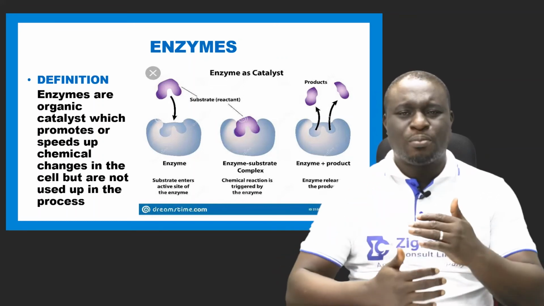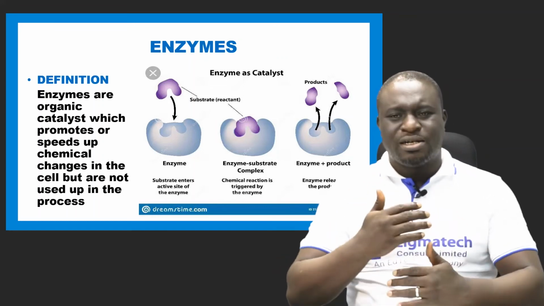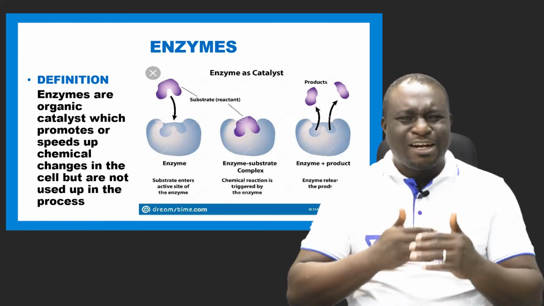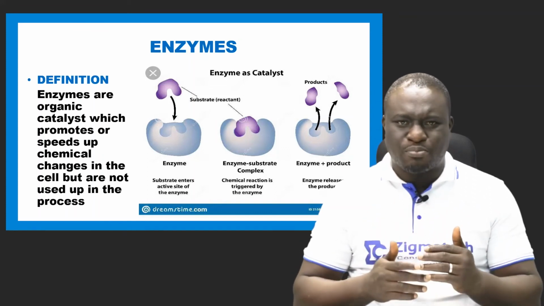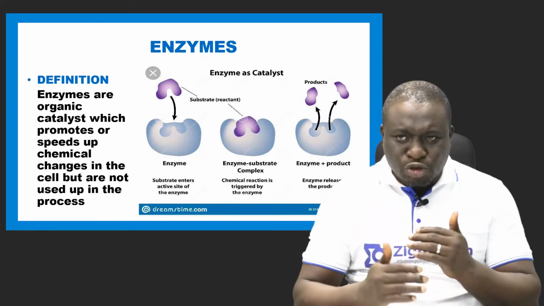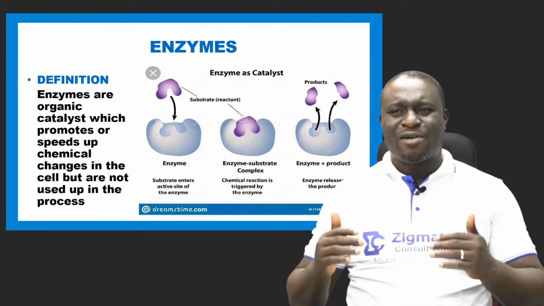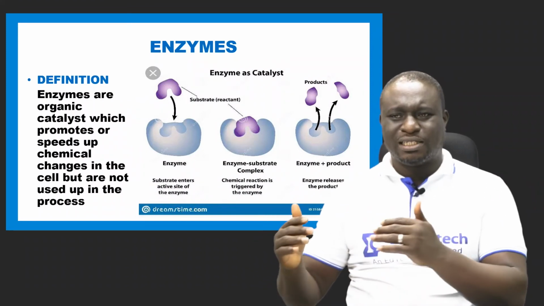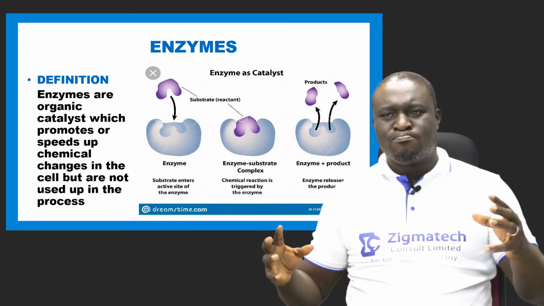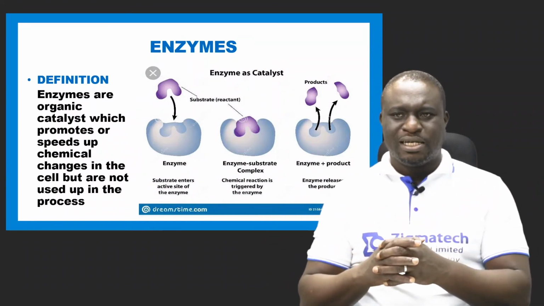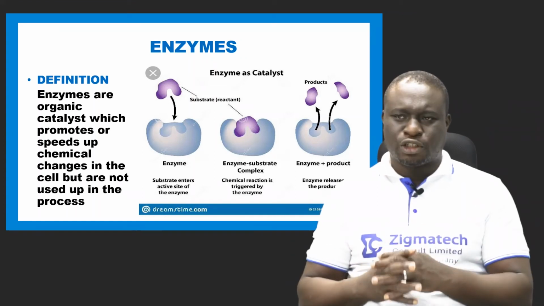So they speed up these reactions, but they are not used up at the end of the process. You can see on the screen there, we have enzymes as catalysts. You can see the enzyme binding to a substrate.